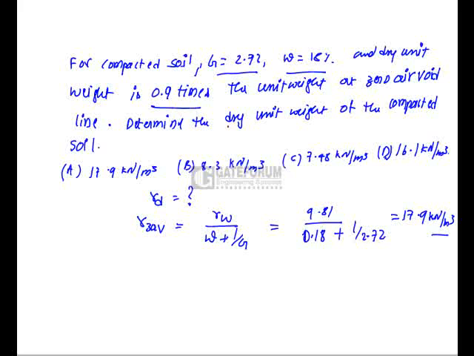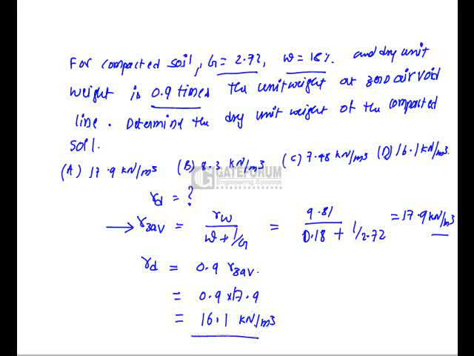From the statement in the question, the dry unit weight is 0.9 times the unit weight at the zero air void line. The unit weight at the zero air void line is this much, so the dry unit weight is 0.9 into 17.9, that is equal to 16.1 kilonewton per cubic meter. So option D is correct.